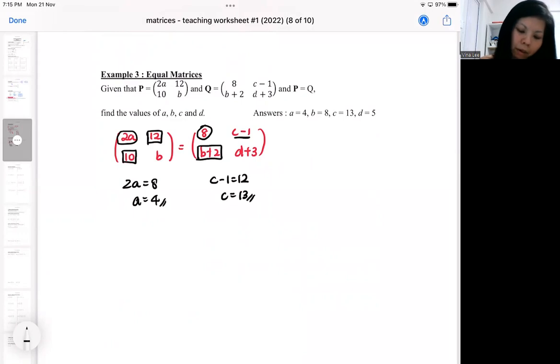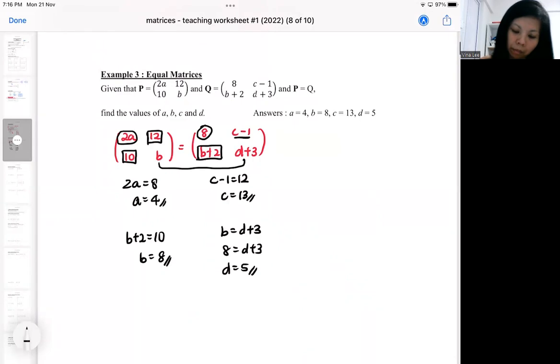So we compare the corresponding one. In a way, we compare based on the position. No other way of comparing. So that is what we meant by equal matrix. Technically, that's quite easy. Just don't make careless mistake.